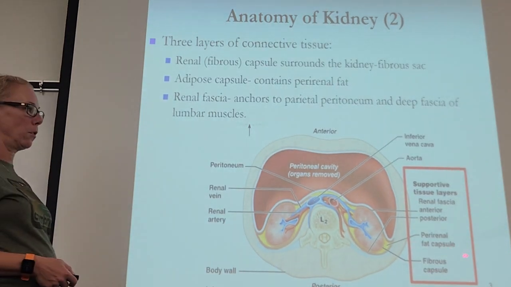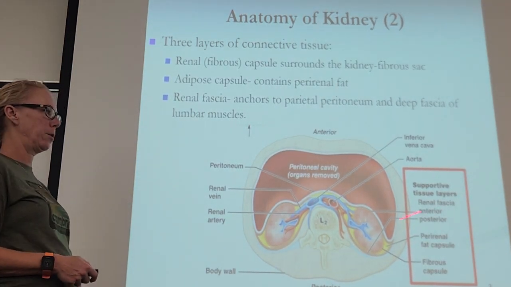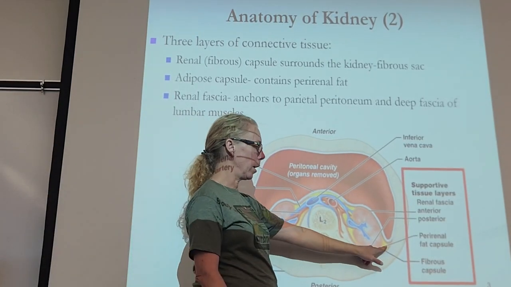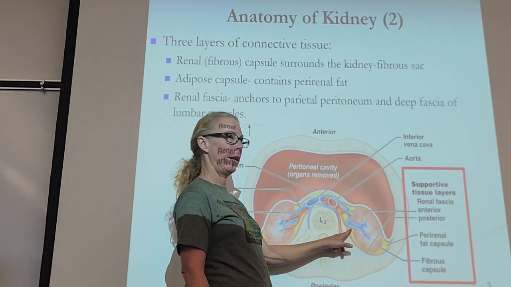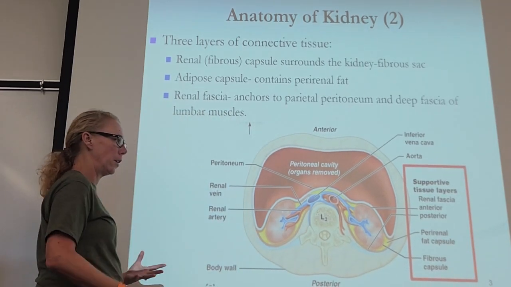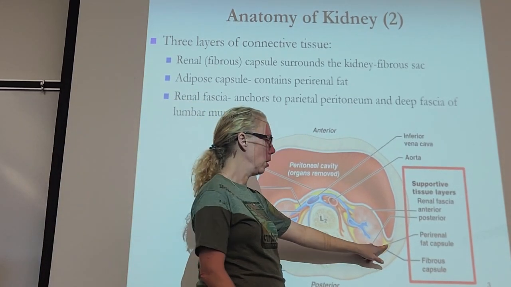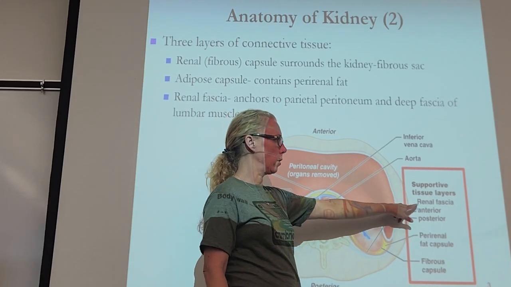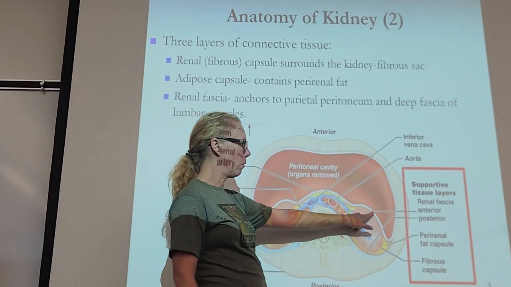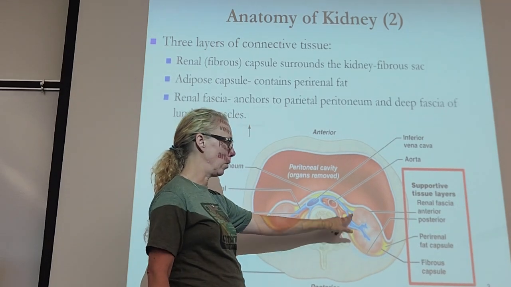Next to that, we have what's called the perirenal fat capsule. Perirenal meaning around the kidneys. So what kind of tissue is this going to be? Adipose connective tissue, and it's for cushion and protection. So that's the next layer. Then the most superficial layer is called the renal fascia. We have anterior renal fascia and posterior renal fascia.